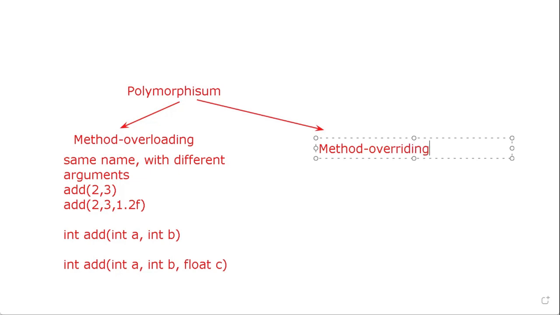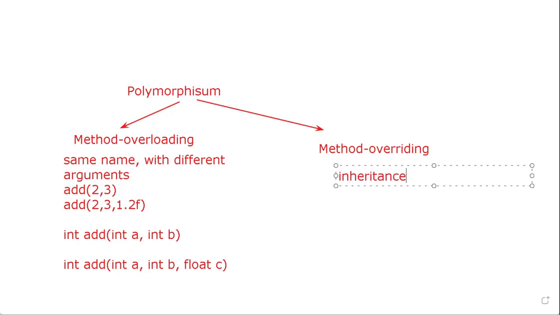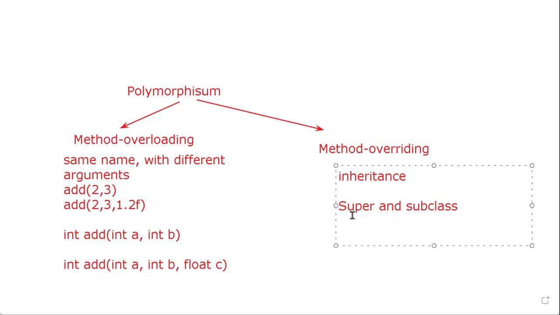So it is overriding, method overriding. Basically, in the inheritance concept, what will you have? You will have a superclass and a subclass, right? In the superclass, there could be a method. For example, if you take a superclass as Shape, Shape will have an area method.